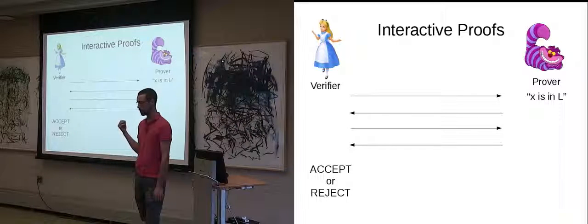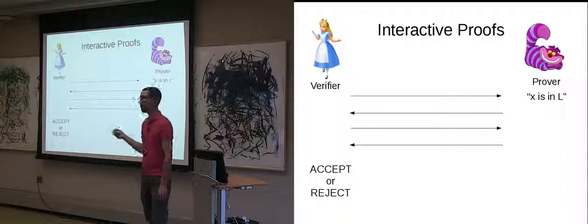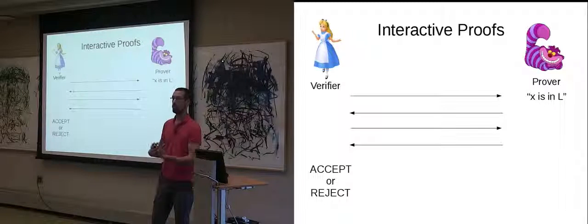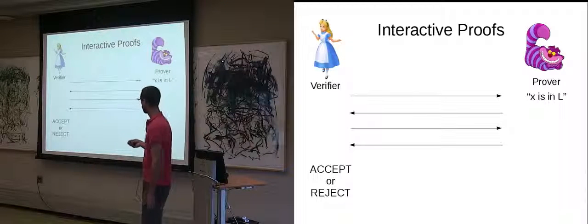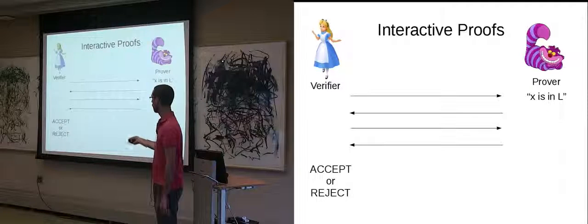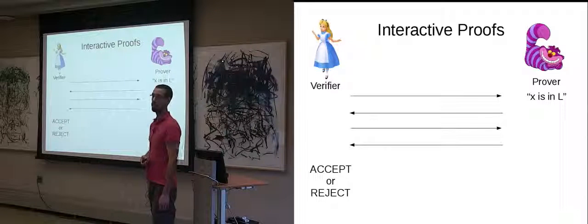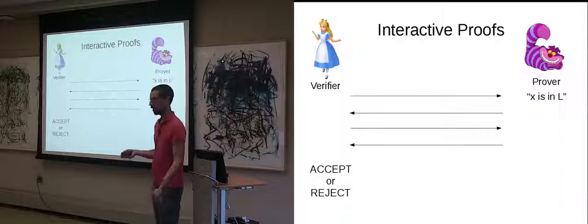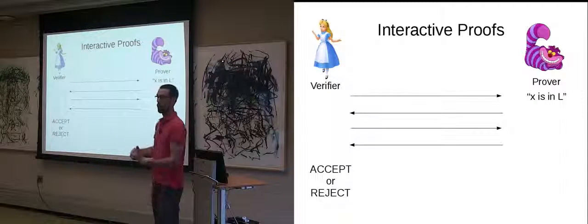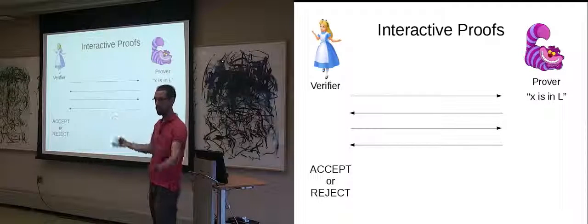Because the prover is untrustworthy, the verifier has to develop a method of talking with the prover and discovering whether the prover is being honest. So they have some back and forth conversation, and at the end, the verifier decides whether or not to accept the calculation. In complexity theoretic language, accept means that we believe the input is in the language.